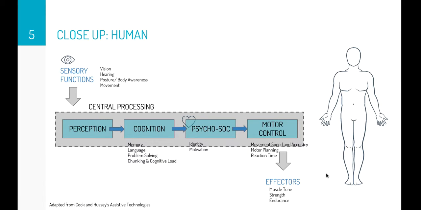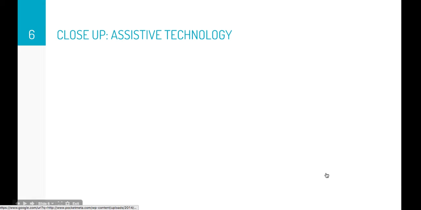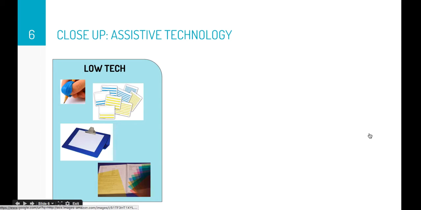When it all goes well, it goes well. But when it doesn't, we have a lot to work on. So assistive technology can either be considered low technology, which doesn't require any batteries or electronics, and it's pretty simple to use and is low cost.